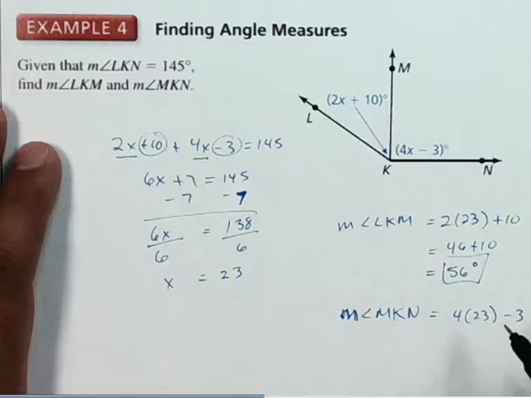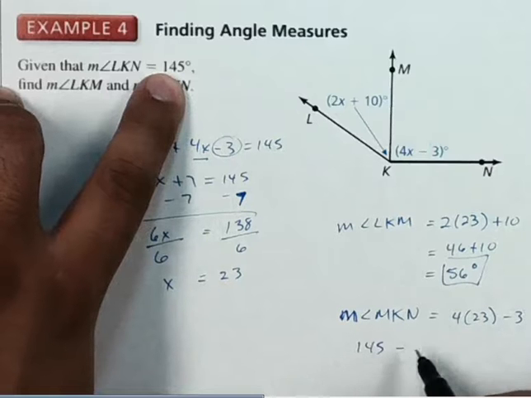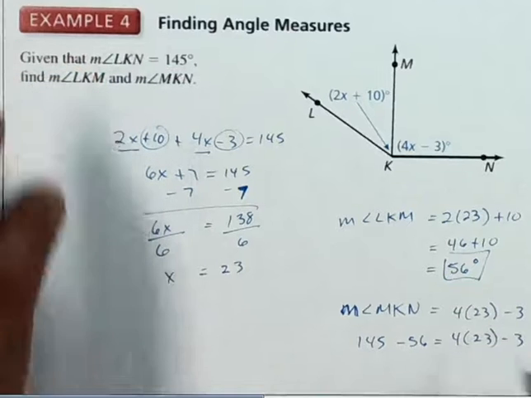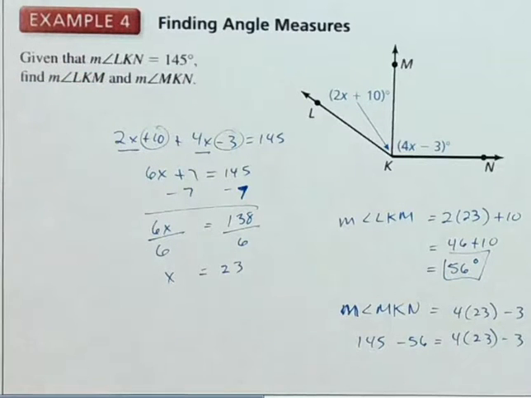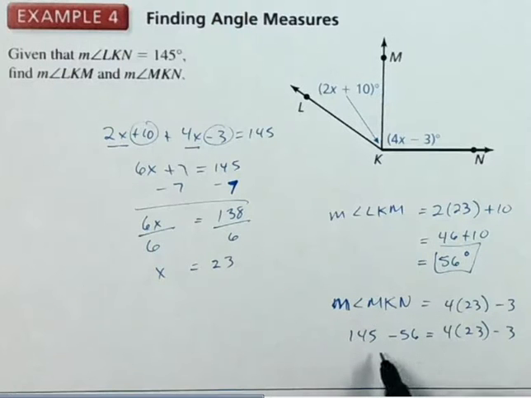Or, since you know the sum is 145, you could also do 145 minus 56. Either one is going to give you the same thing. In either case, you end up getting that this angle is equal to 89 degrees. All right, so those would be your final answers.